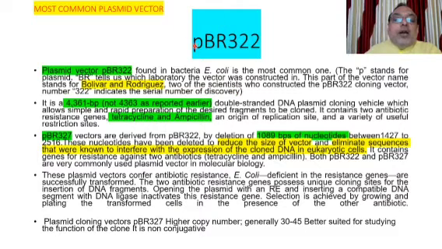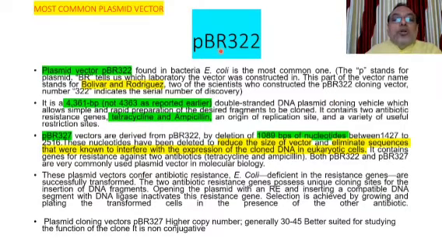So we are most accustomed to this plasmid, that is pBR322. It is a double-stranded, closed circular DNA plasmid.